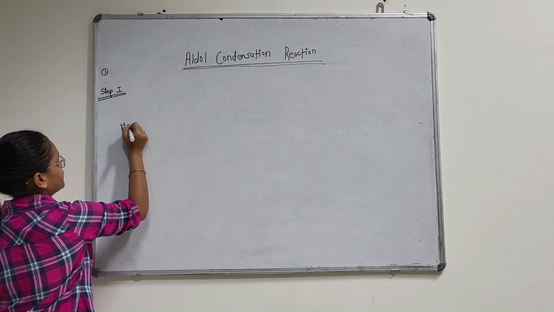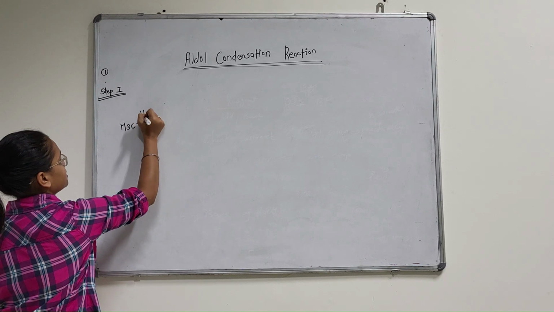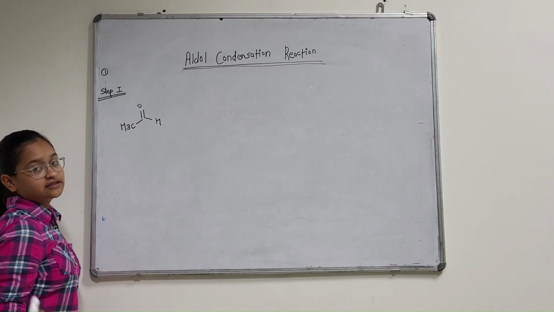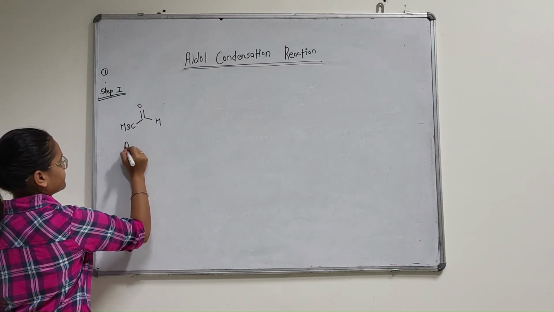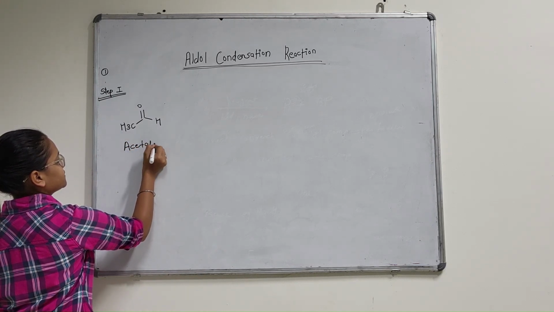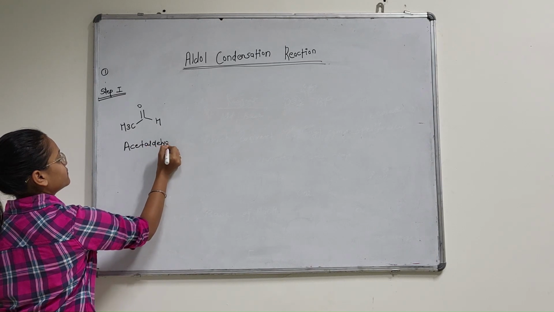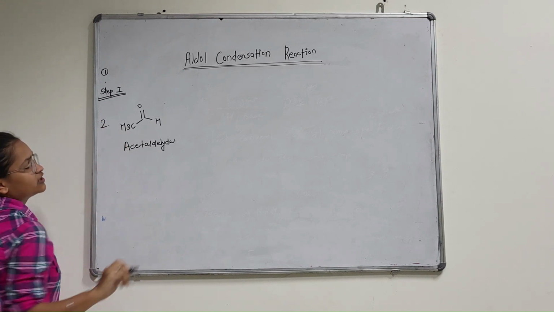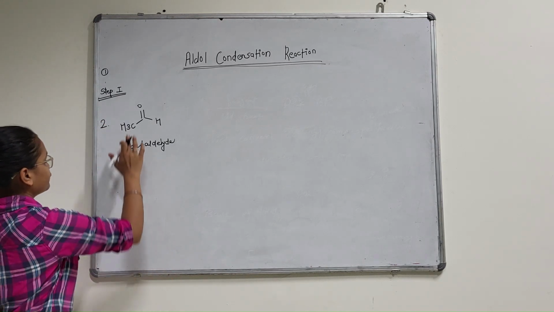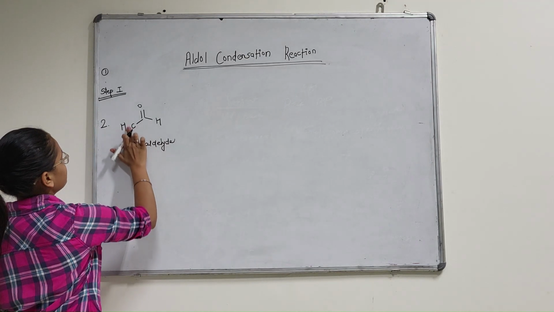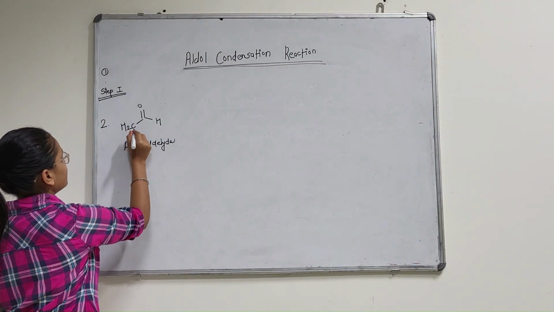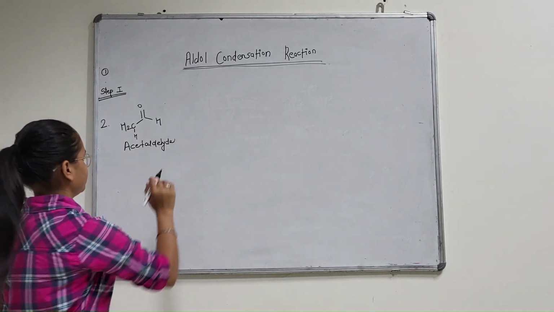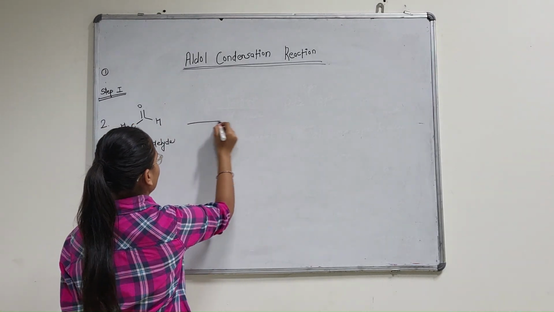Here we take CH3, C double bond O, and H. What is the name of this compound? This is acetaldehyde. We take 2 moles of reactant. We can also write this compound as CH3 with CH2 and 1 hydrogen here. It is the same compound, not different, but we write it in a different form.